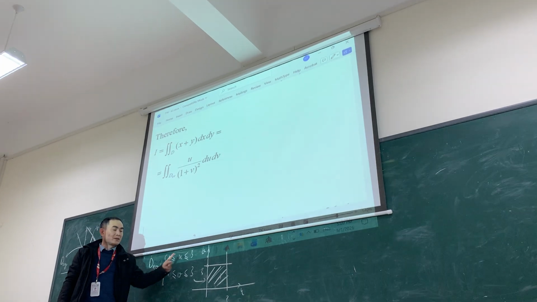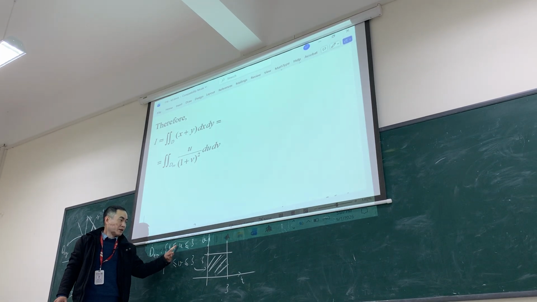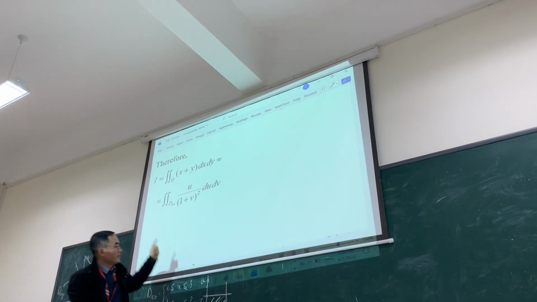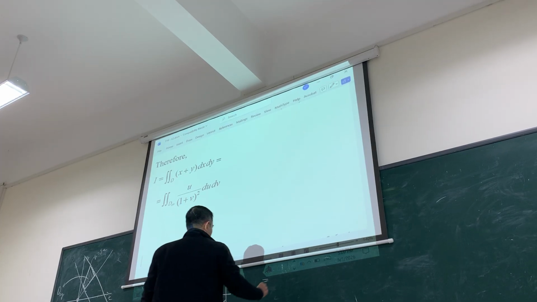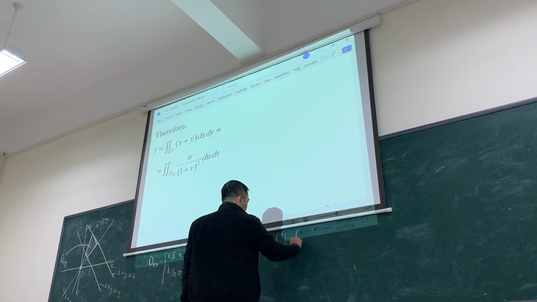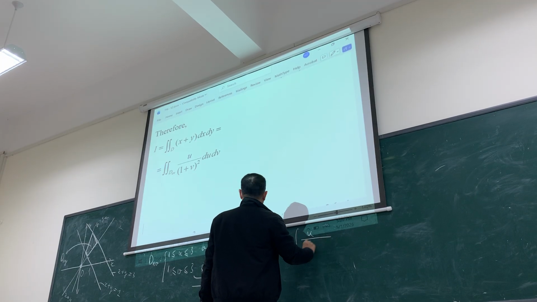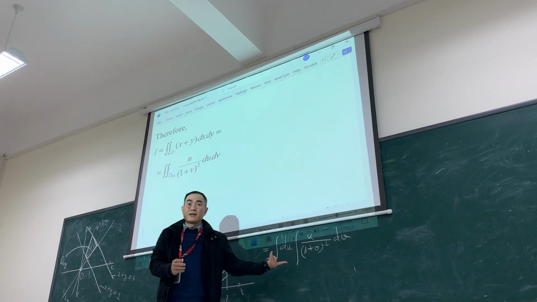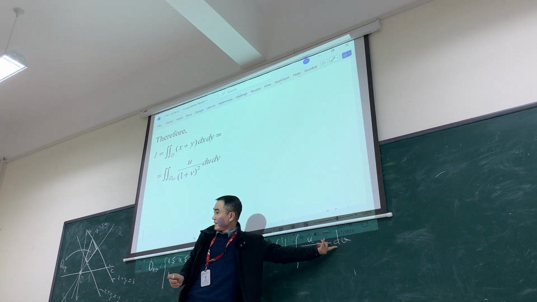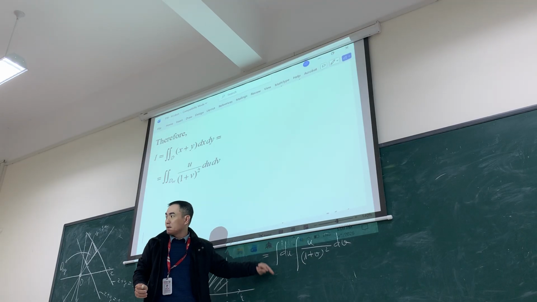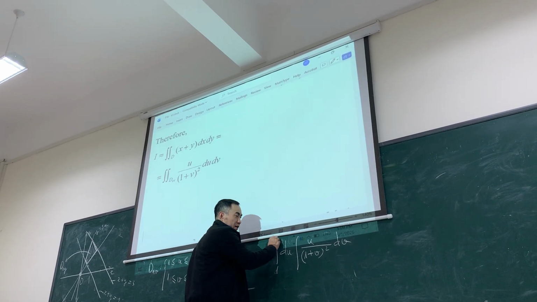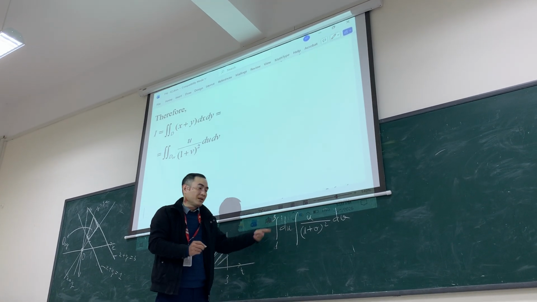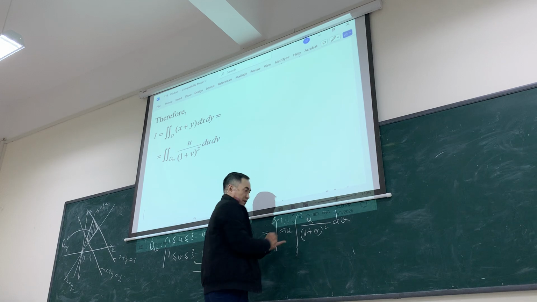The limit of V is 1 to 3, the limit of U is 1 to 3. So we can express the integral here as the integral du of f u plus 1 plus v squared dv. U first, V second. The limit of u is 1 to 3, the limit of v is 1 to 3.